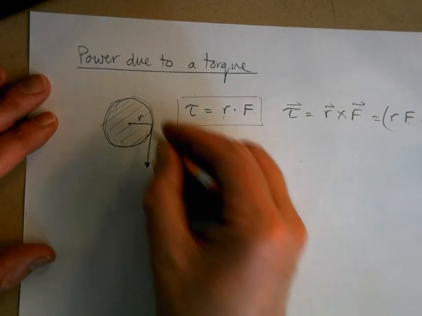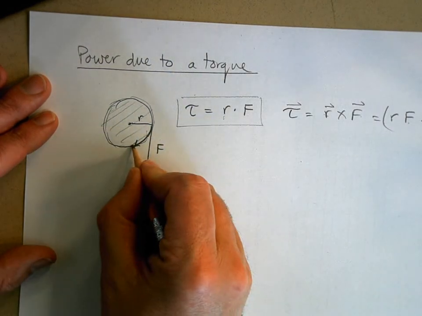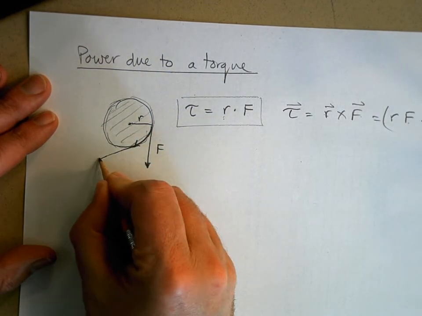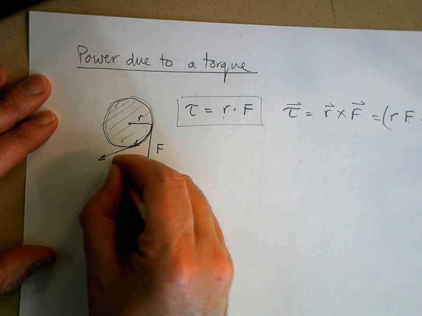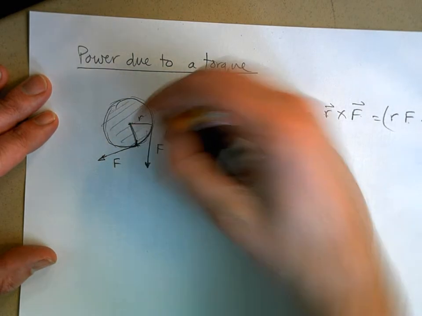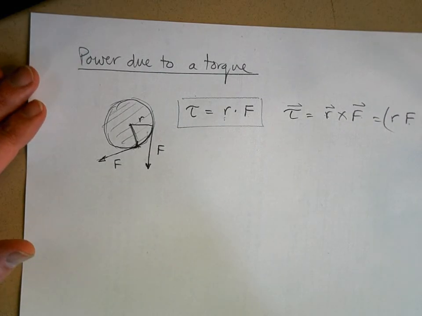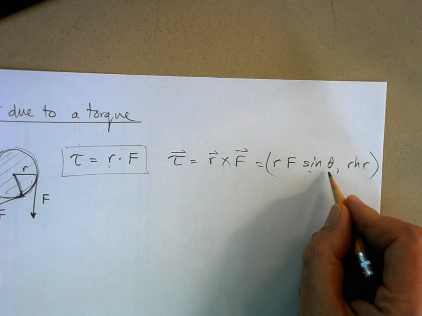So let's do that. Let's go through here. And so now the force is going to be like this. And notice that here's R times F, and R is still perpendicular to F. So perpendicular means sine of 90 degrees is 1, so we don't have to worry about any of that stuff.